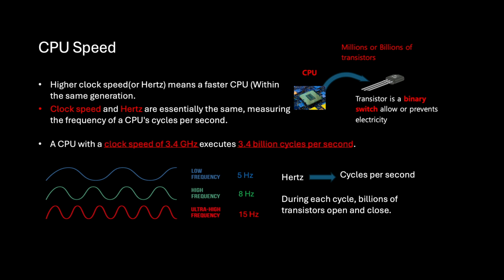A CPU with a clock speed of 3.4 GHz executes 3.4 billion cycles per second.